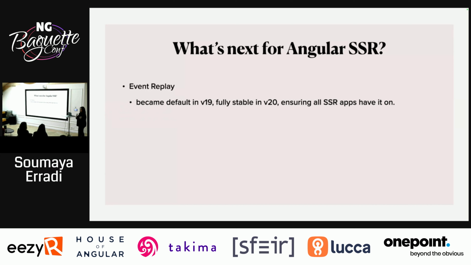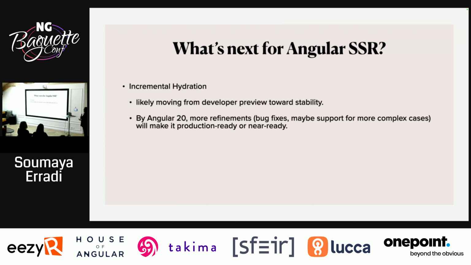Actually, at Google I/O, the Angular team said that it will be on by default, so we don't need to declare event replay anymore. If you are using server-side rendering, all the interactions will be saved and replayed by default. So I'm excited to try this.